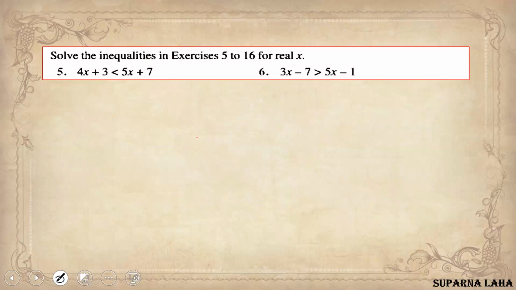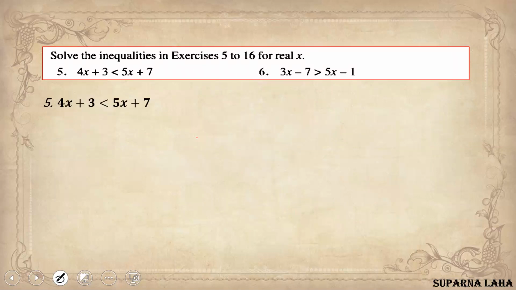Solve these inequalities, this is from 5 to 16, for real x. That means x is a real number. Then you need to solve these inequalities. Definitely these inequalities are in one variable. In the next class, we will talk about the two variable problem. Okay, so first one, number 5, 4x plus 3 less than 5x plus 7.